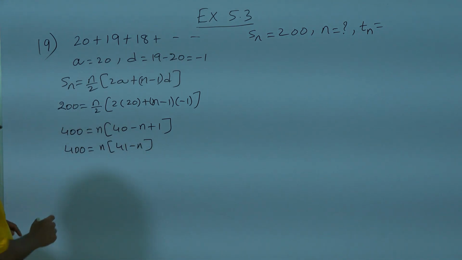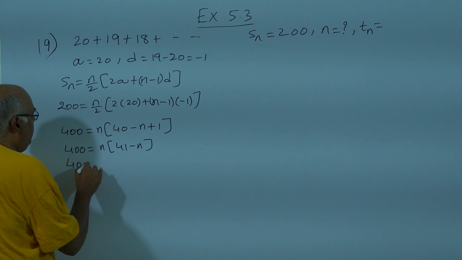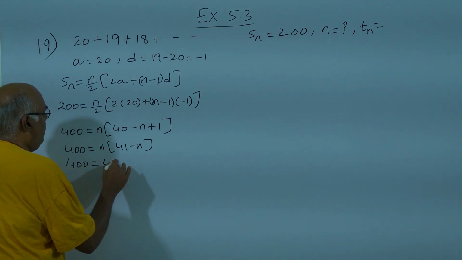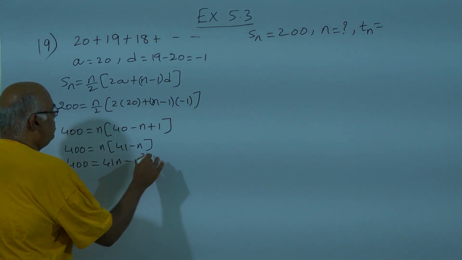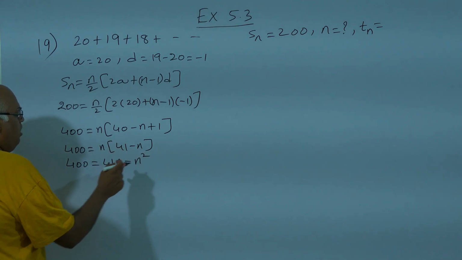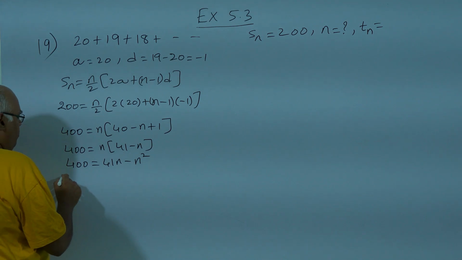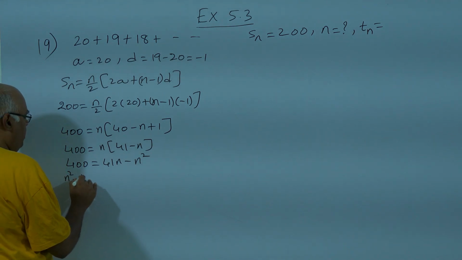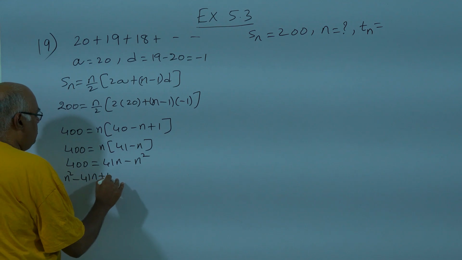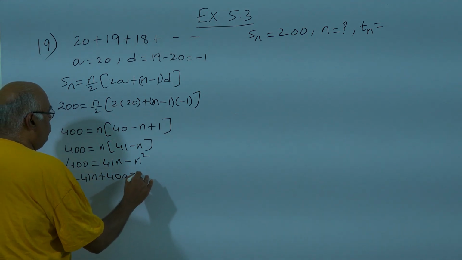If you multiply this, we will get 400 is equal to 41n minus n square. If you bring the minus n square and 41n to the other side, we will get n square minus 41n plus 400 is equal to 0.